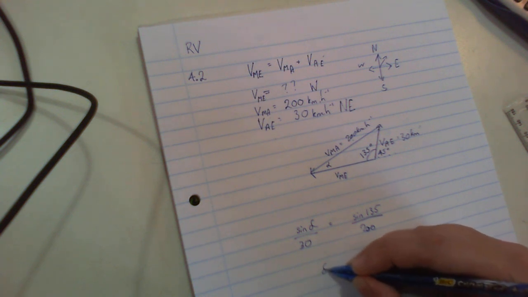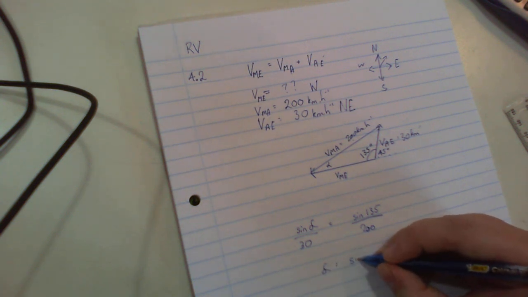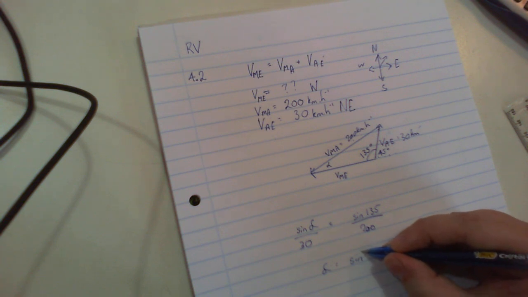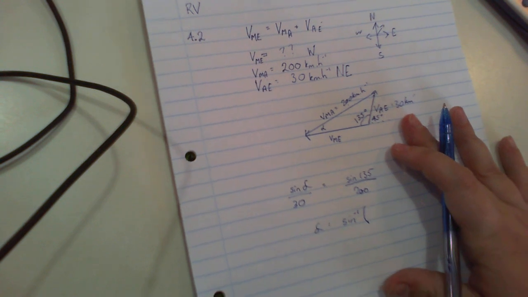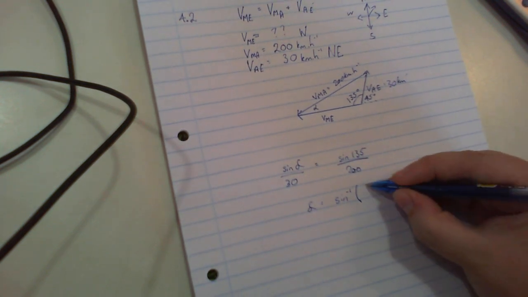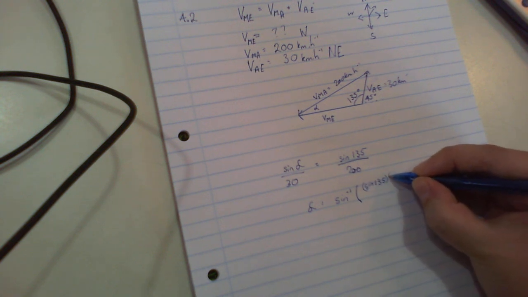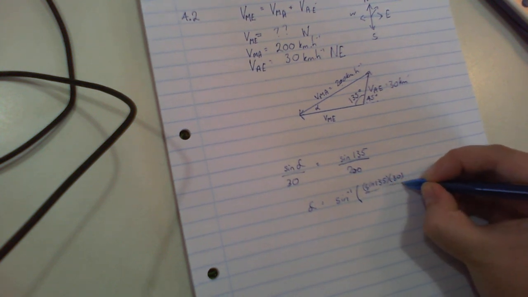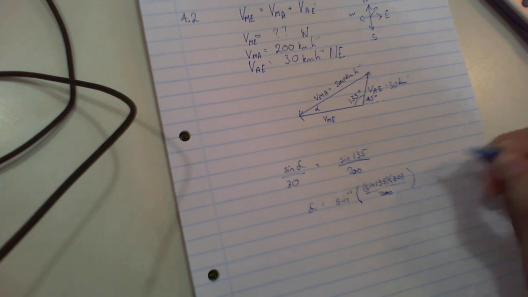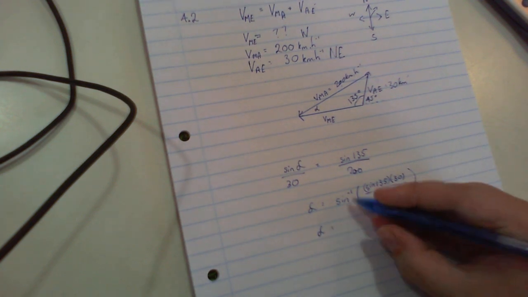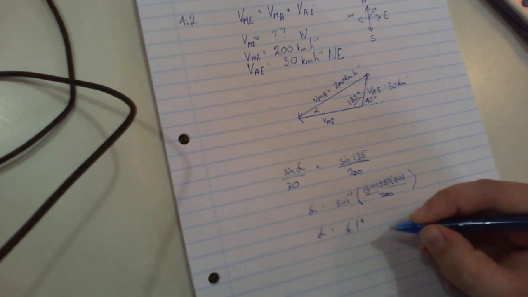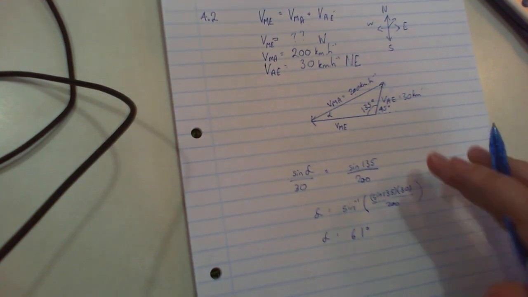You don't actually have to write this part out, I don't personally, but I'm just writing it to be extra clear. And that will tell us that alpha is 6.1 degrees. There's a bunch of other things, but 6.1 is fine at this stage.